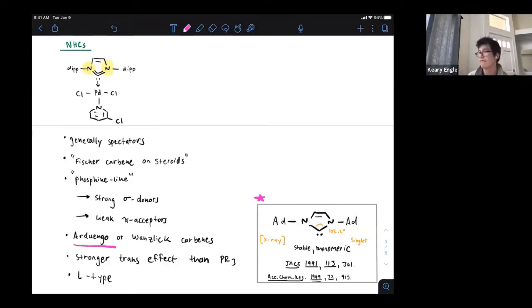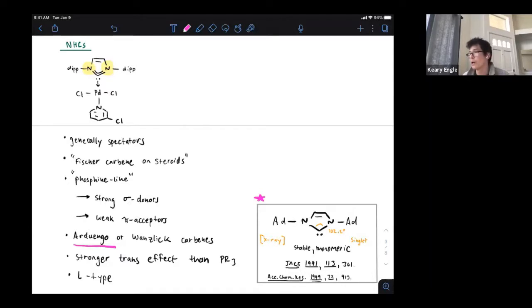So sometimes these families of carbenes are called Arduengo carbenes or Wanzlick carbenes, and they were doing this work not necessarily in the context of organometallic chemistry, but just trying to chase this fundamental challenge of, is it possible to make an isolable, stable, monomeric carbene? And the first successful one is the one shown here, where you have two adamantyl groups off of nitrogen and then unsaturation on the backbone. These are singlet.